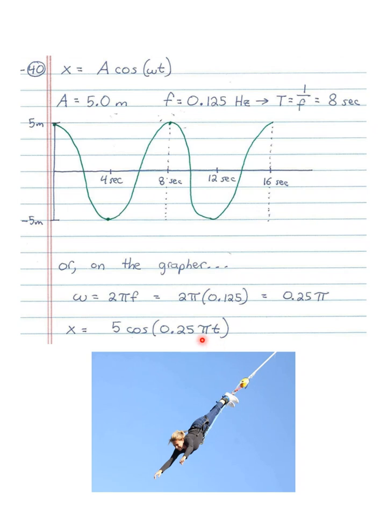So we need to figure out what is omega. Omega is 2 pi times frequency, so 2 pi times 0.125, and it gets 0.25 pi. So once we make all those adjustments, we can write this into a graphing calculator, and it should give us this same graph.